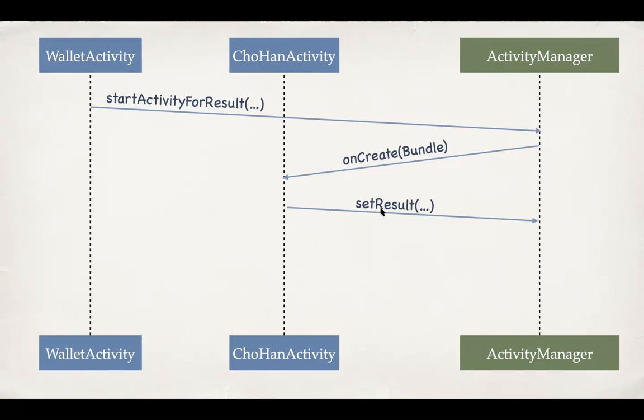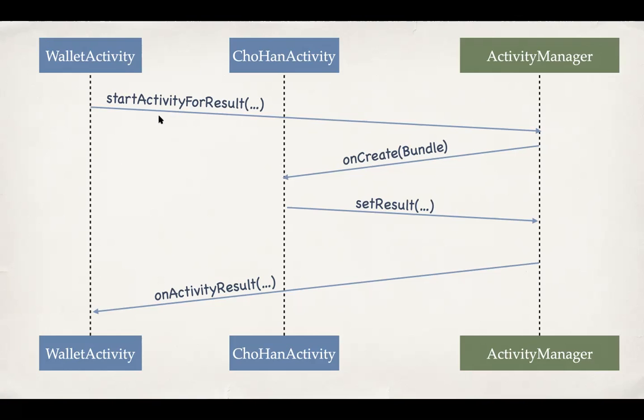In this case, it is the wallet activity because it's a set result call, so it knows where to go back to. Okay? And since it's going back, it calls the on activity result on the wallet activity, and that's where the control goes. Okay, so that's how we are executing the code that we just wrote.